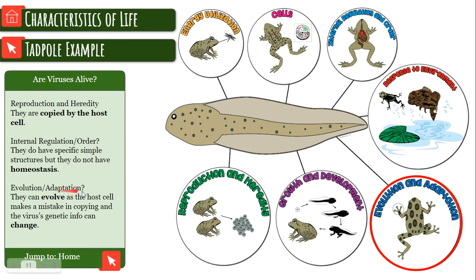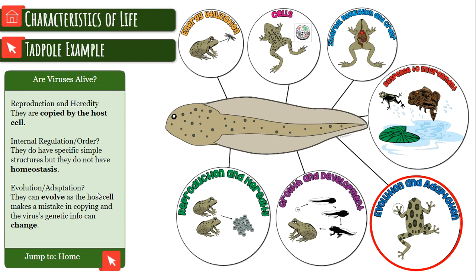And evolution and adaptation, viruses can evolve as the host cell makes a mistake in copying the virus's genetic info. And so the virus's DNA or RNA can change because of those mistakes.